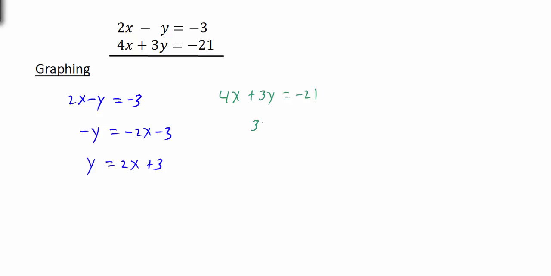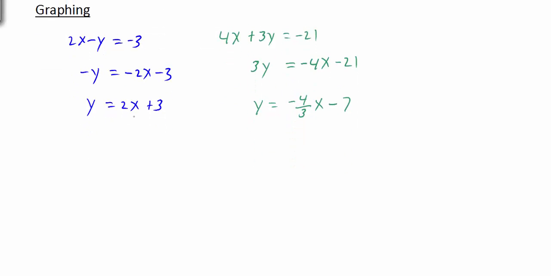So we would have 3y is equal to negative 4x. Again, we want to subtract 4x to move it to the other side. And then to get rid of the 3, we're going to divide by 3. So y equals a negative 4/3 x minus 21 divided by 3, which would be 7. So if we want to do this by hand, we could certainly do that.